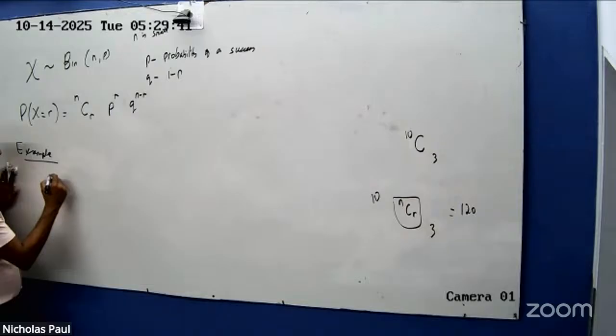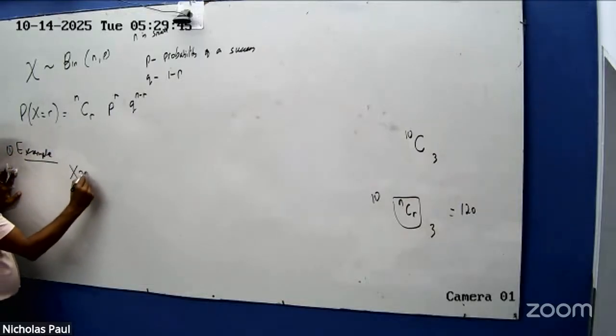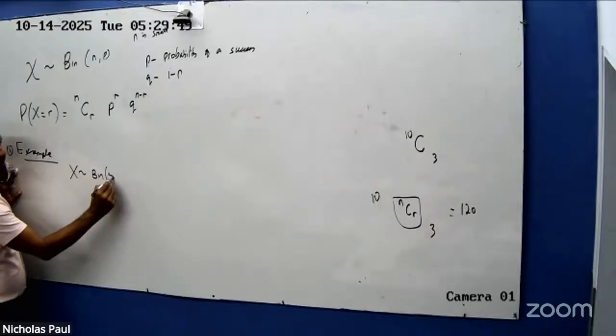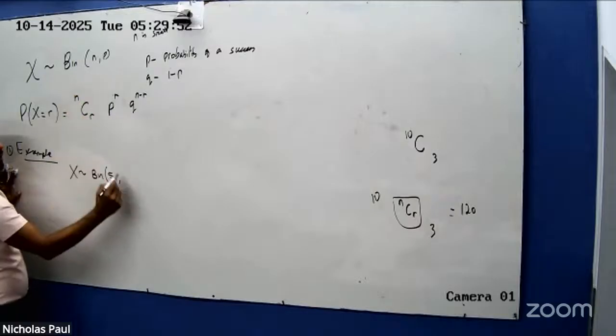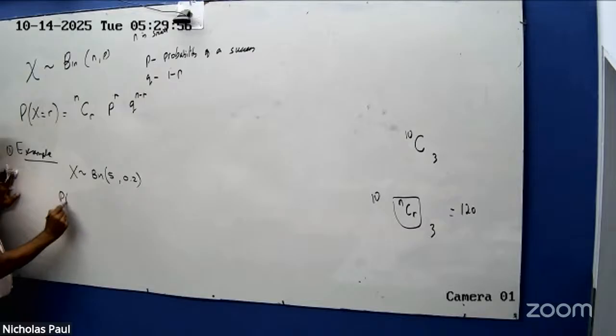So let's try a small example here. Let's say I gave you a binomial. X follows a binomial. Let's pick a small value, like n equals 5, and p is the probability, so that's 0.2. Let's see if we can find the probability that X is equal to 3.